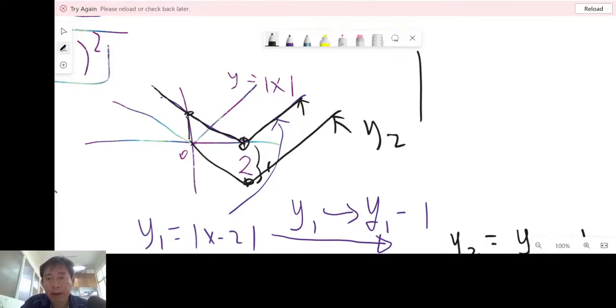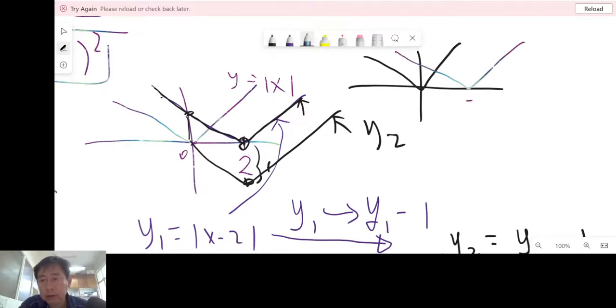So you compare it with the original function, which is this one. You shift it 2 units to the right, then you arrive at this function. This is minus 2. And then this function y1 is shifted to y2, where this point is shifted by 1 unit downwards, and then you have this.